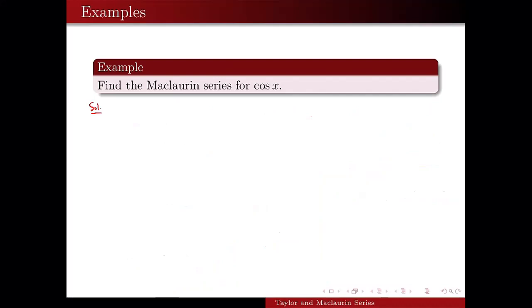Solution. We let f of x equals cosine x. Maclaurin series means the center is 0, correct?